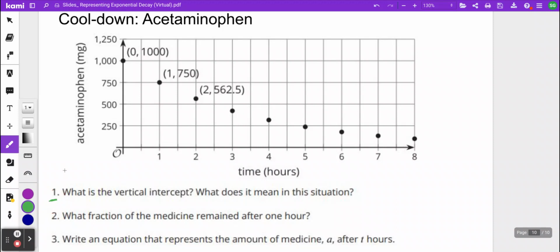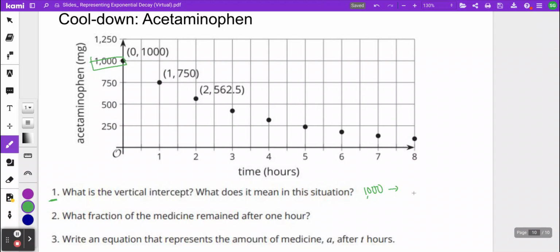Coming back to see how you did. For question 1, what is the vertical intercept? Our vertical intercept on this graph, that y-intercept, is at 1,000. So one of the things you needed to tell me is it is at 1,000. What does it mean in this situation? Remember, your y-intercept is always that starting amount.